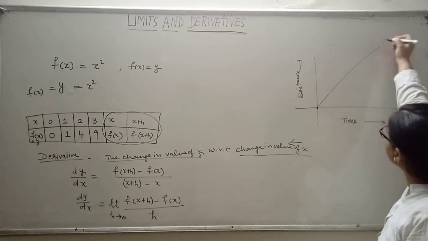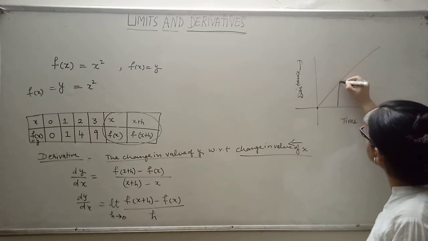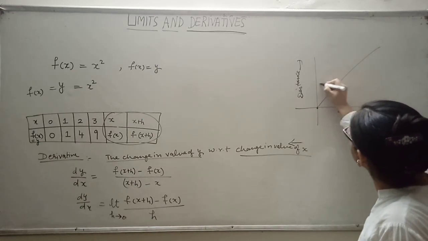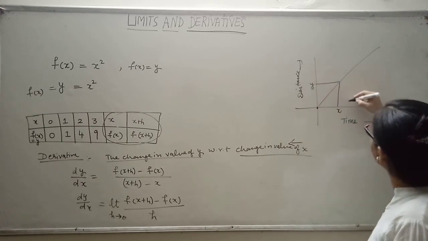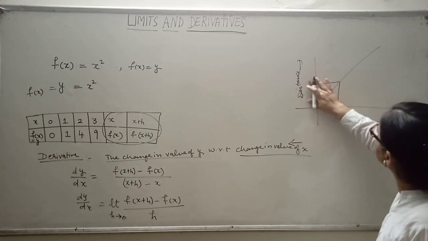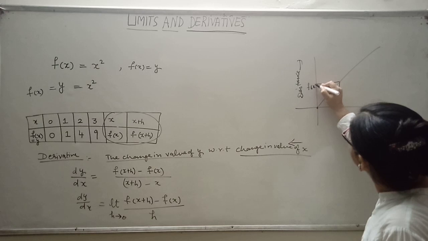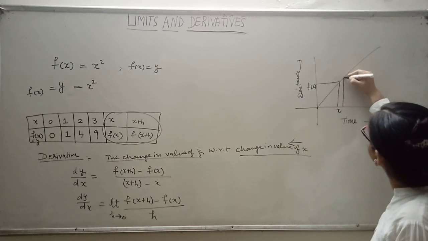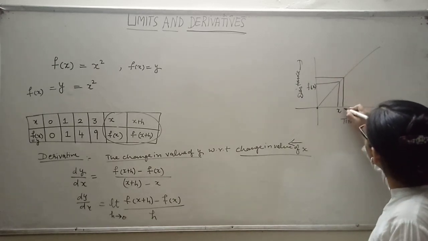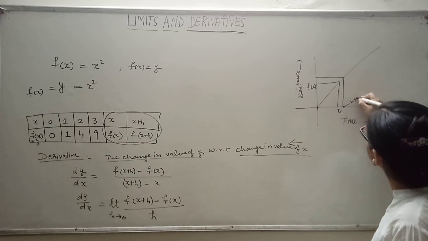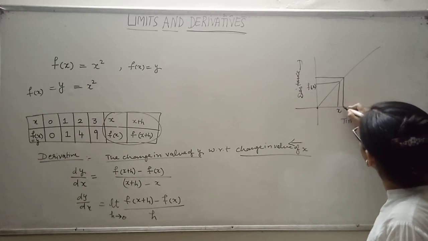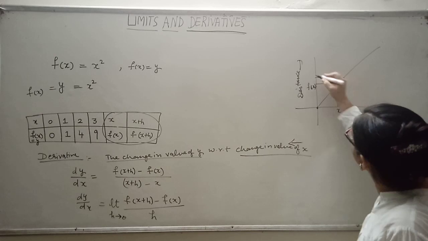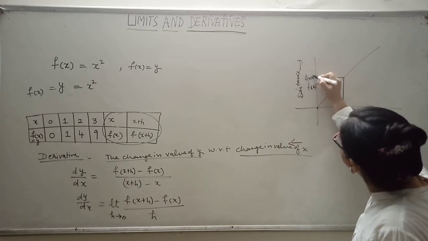Linear means a straight line graph. Suppose this is the value of x and this is the value of y, this is x, f(x). Now what is this? x plus h, so it would be f(x plus h).